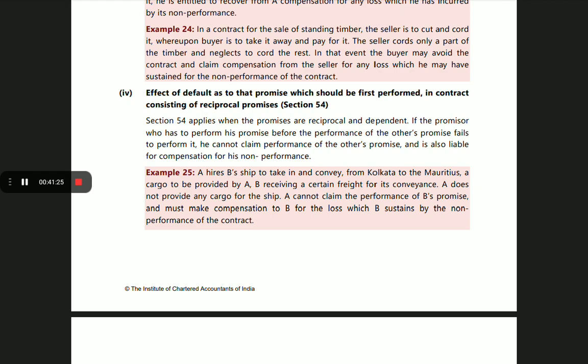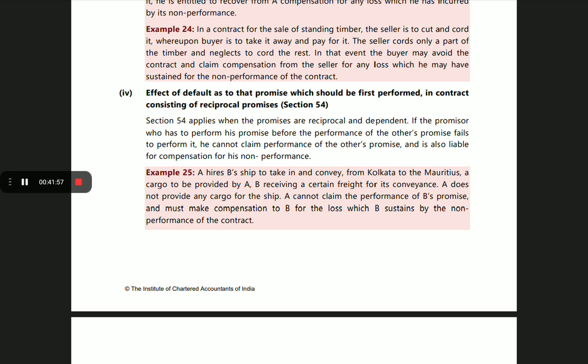Example: A hires B's ship to take in and convey from Kolkata to Mauritius a cargo to be provided by A, B receiving a certain freight for its conveyance.